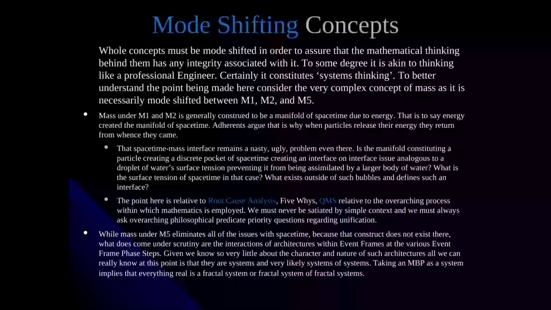I'm not saying that empiricism is wrong, it's just that it's linked back to human physiology, and when we do that, we are prone to commit Langer epistemology errors, and we need to move away from that or minimize that to the extent that we can. We need to be in a mode where we're thinking in terms of systems and systems of systems. Under M1 or M2, a real object is generally construed to be a manifold of space-time due to energy.